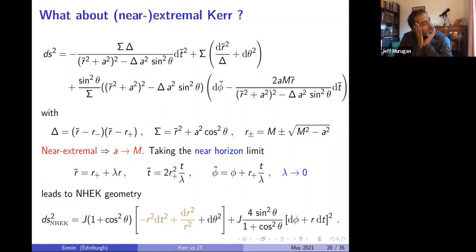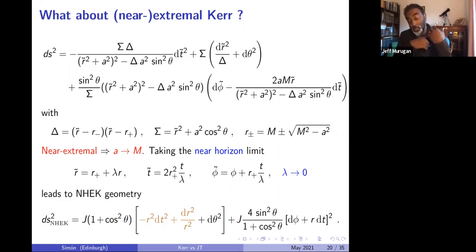So then you're taking the near horizon limit of Kerr, and you're identifying an AdS2 spacetime from this. And given that AdS2 is a solution of JT gravity, the natural association is that this becomes JT gravity in some sense.